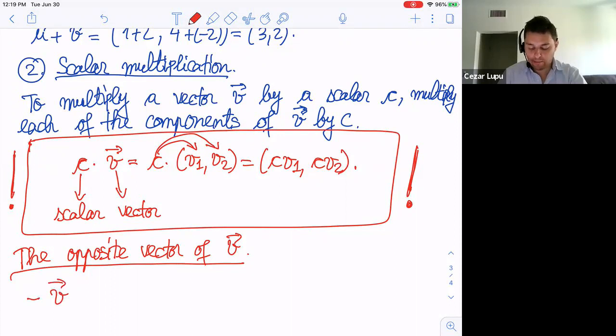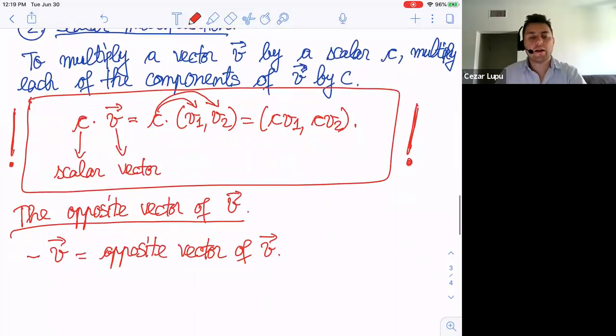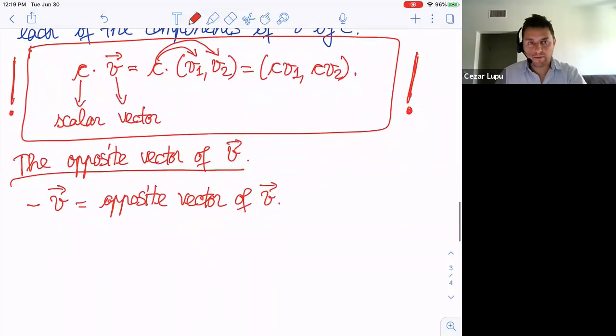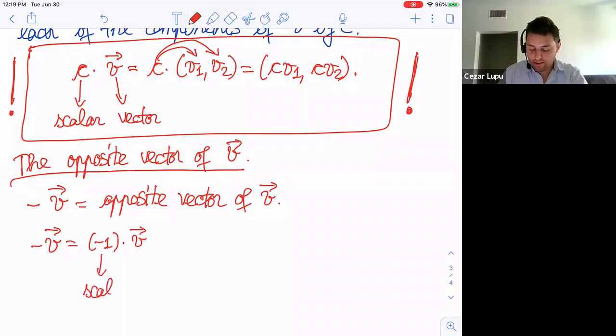So this is the opposite vector of v. Based on what we have said previously, negative v is nothing else than multiplying the scalar -1 times v. Again, this is a scalar, and this is the vector. And that's it. This is how we define the opposite vector of v, basically negative v.